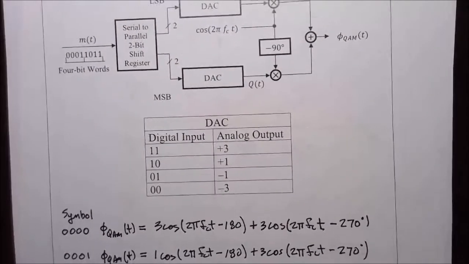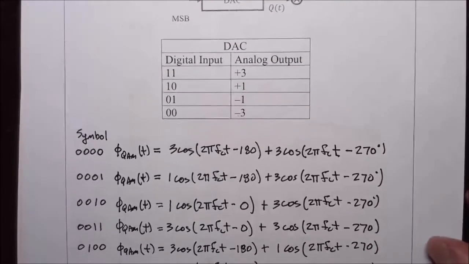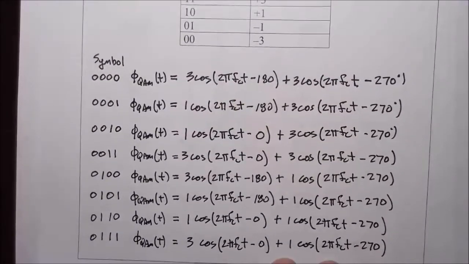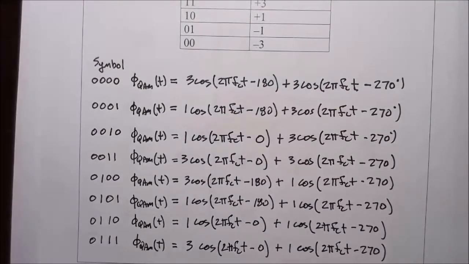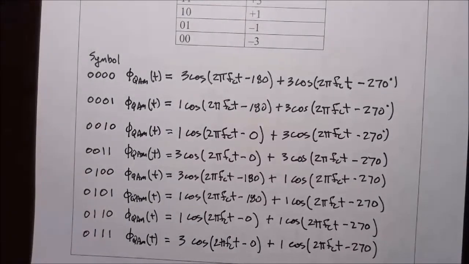I've completed the equations for all 16 of the symbols in this 16 symbol quadrature AM system. And there's symbols 0, 1, 2, 3, 4, 5, 6, 7.